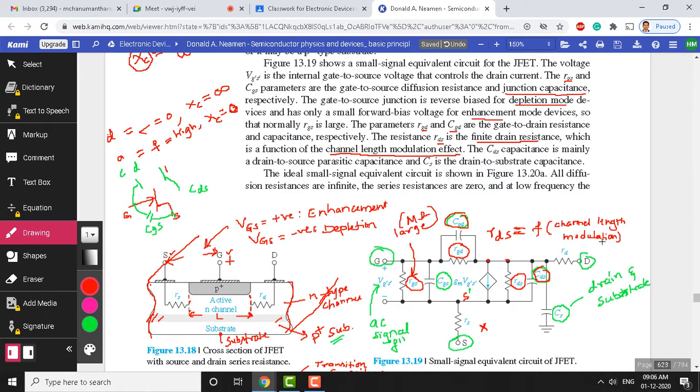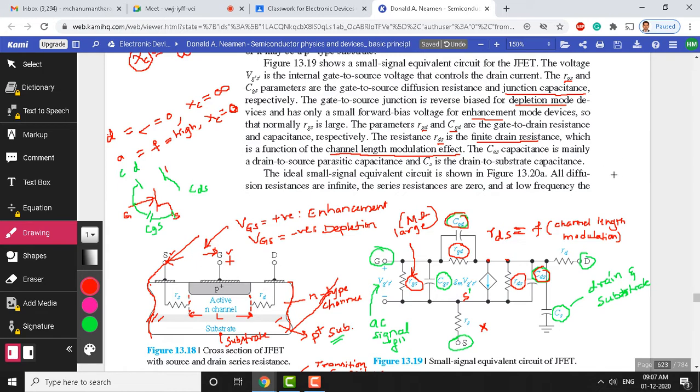At the time being, don't worry about what channel length modulation is. You will study that in a higher semester. That is again one of the important phenomena within the JFET. We need to study this with reference to the characteristics of this device.